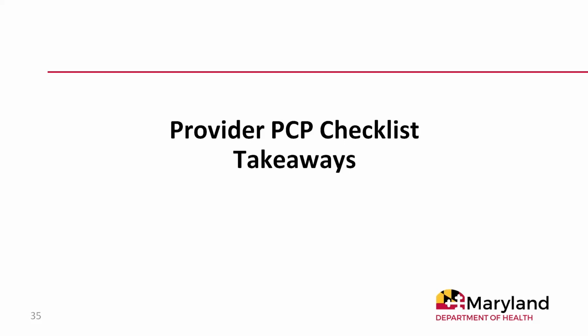And number 5, make sure to use that handy hour to 15-minute calculator embedded in the checklist. I know there's a lot of questions about that, so I think that's a pretty handy calculator. And that concludes our top 5 PCP checklist takeaways.